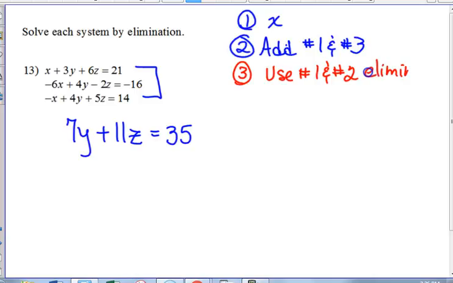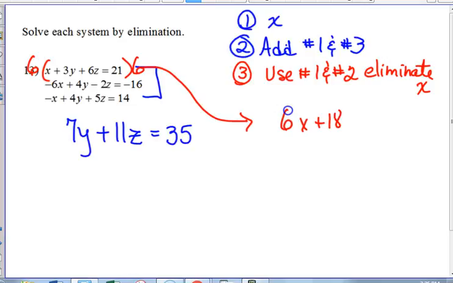I have to get rid of the same variable again. So if I take the top one times 6, and I rewrite it over here, I'll have 6x plus 18y plus 36z equals 126. Now I'm just rewriting this one underneath it.